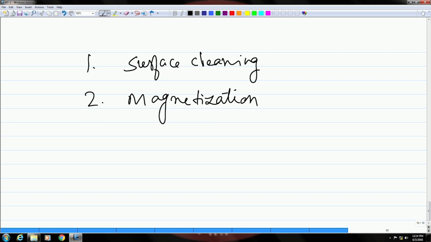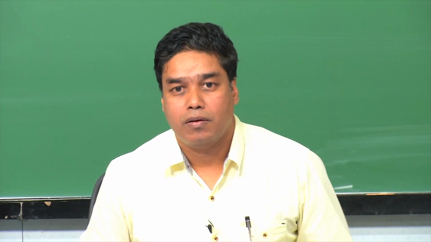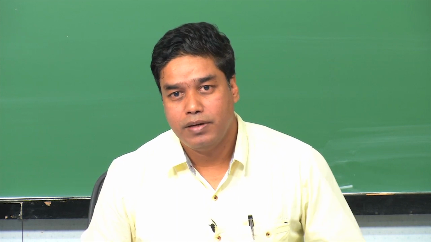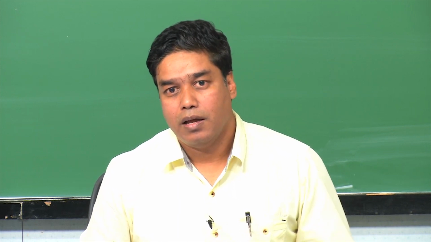So, when you magnetize, we know what the different methods are, that is all fine. But when you are magnetizing the part, how do you know what level of magnetic field is optimum or good for magnetizing a particular part of a given size?